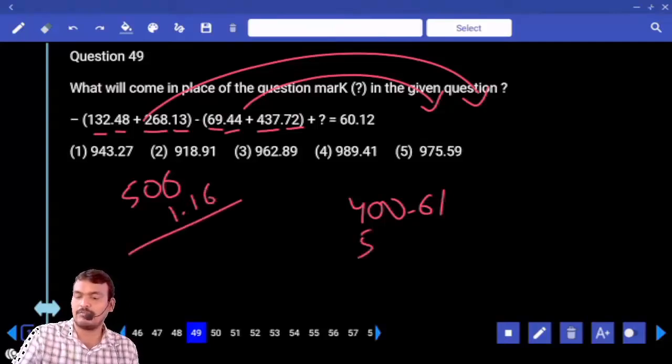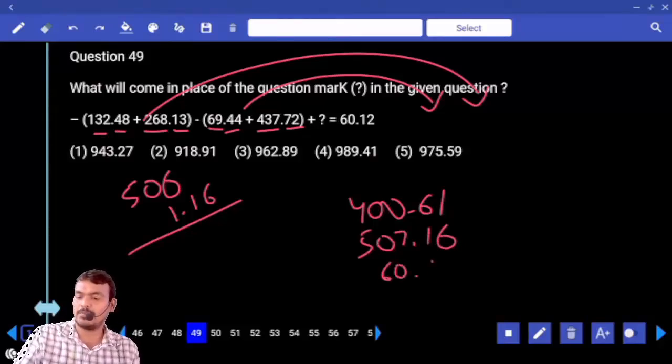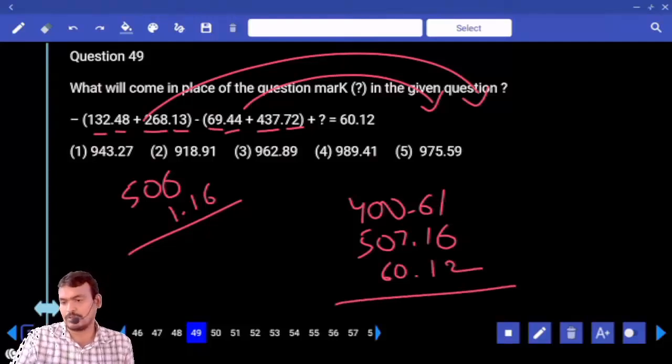Total it is how much? 507.16 అన్నాడు. Again it is added to which one? 60.12 అన్నాడు. Then adding the last position 1 plus 6 plus 2, 9 అన్నాడు.